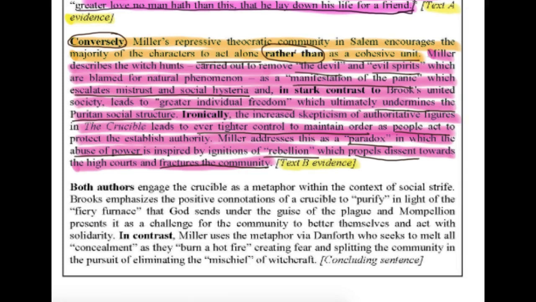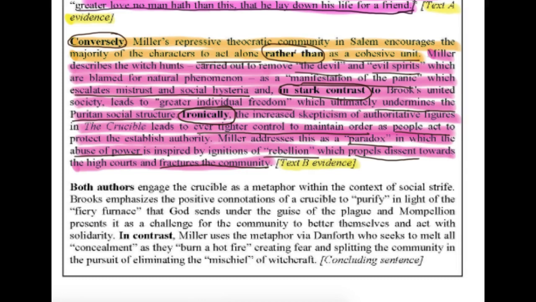And again, just to point out, we're using these transition words to tell the assessor that in this particular part of the paragraph we are comparing this text to the other text, and highlighting with these transition words the differences or the similarities between the two texts. So that's that part of the paragraph.